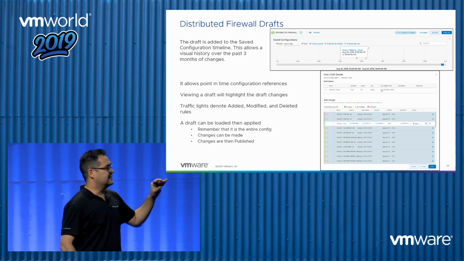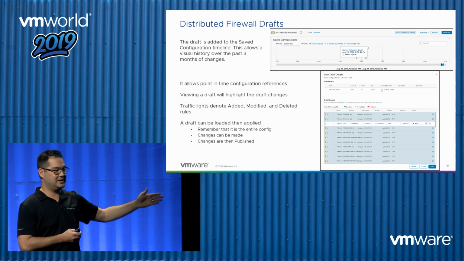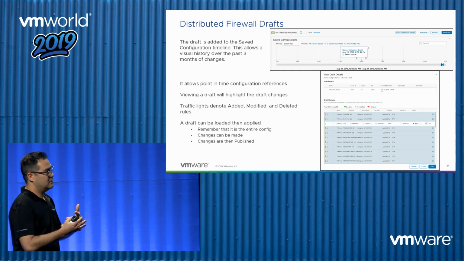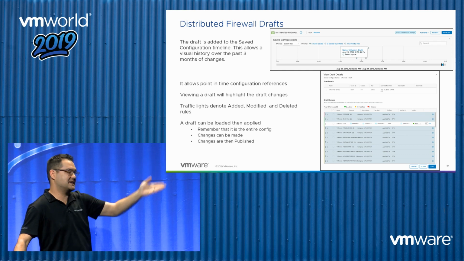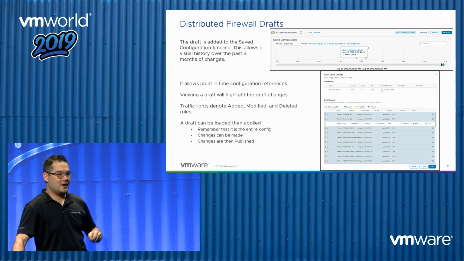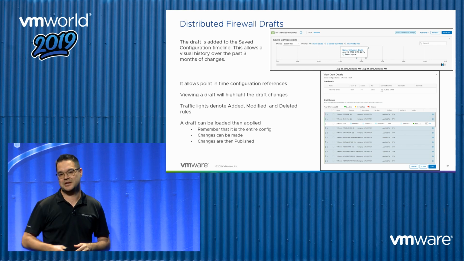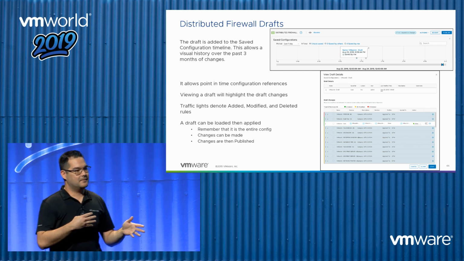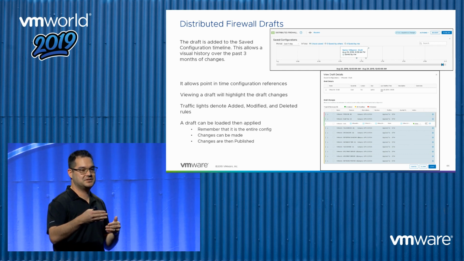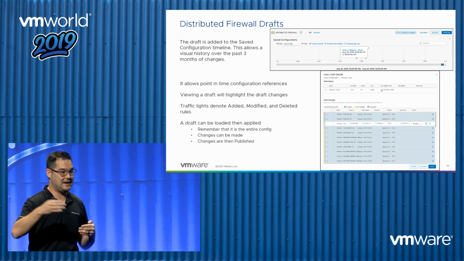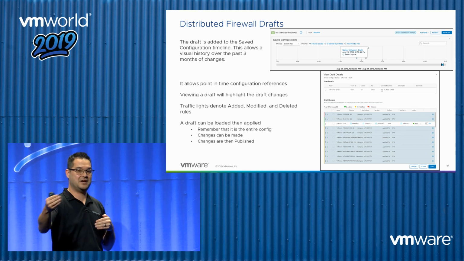Now, the thing to be mindful of here is this is a complete config at that point in time. So often what we hear customers wanting to do is go, I want to take a snapshot today, I want to make some changes to it, and I want to publish it in 2 days' time, or whenever my change window is. That will work. You just have to be mindful that if someone else makes a change to the live system between now and when you go to publish this draft, when you publish this draft, it won't have their changes in it.